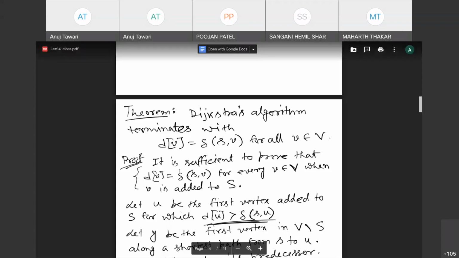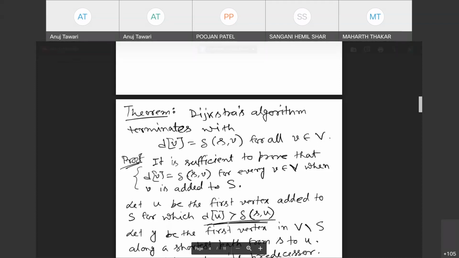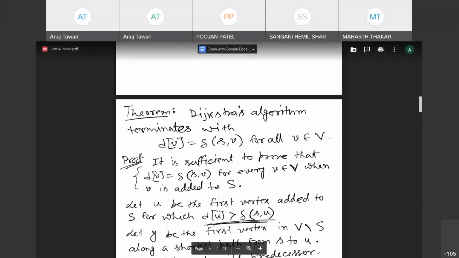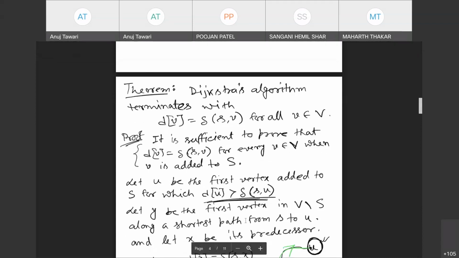Because if it is not equal, we already know that du is always greater than or equal to delta SU, that is from lemma 1. So let's assume that U is the first vertex added to S for which du is greater than delta SU.